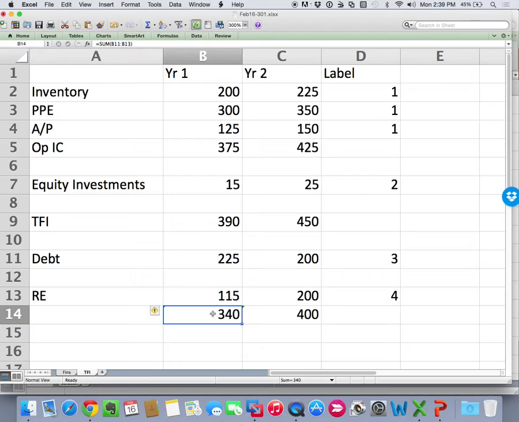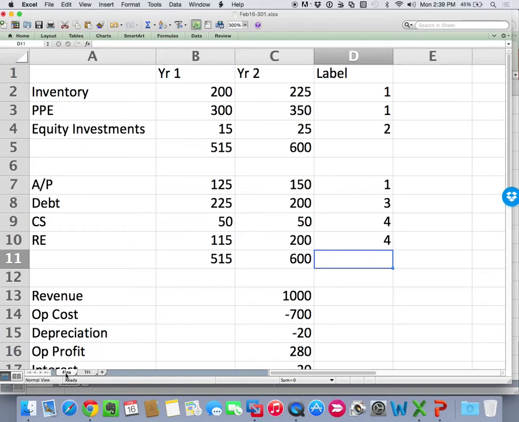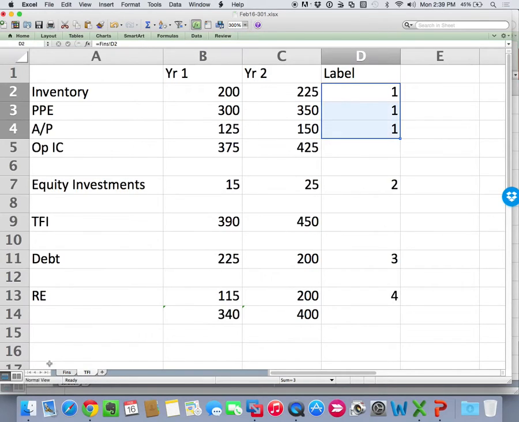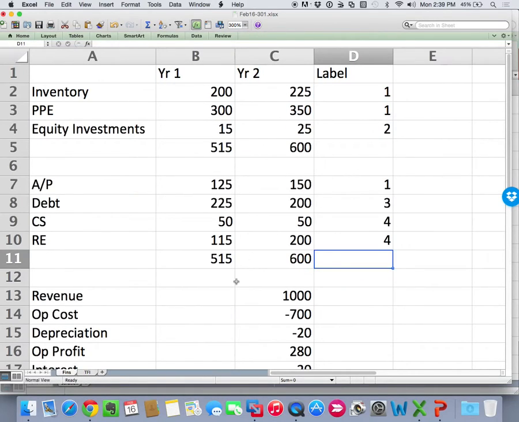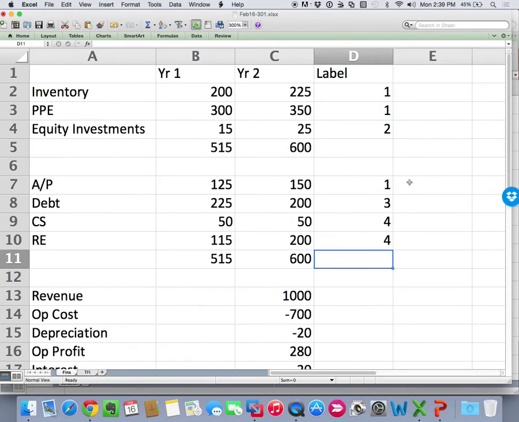So here's the reason why labeling helps us. I have 3 ones, and they're all grouped together. Well, if I go back to my original statement with my labels, 1, 2, 3 ones. Then I go to the balance sheet, 1, 2, 1, 2. Debt, I have 1, 3, 1, 3.